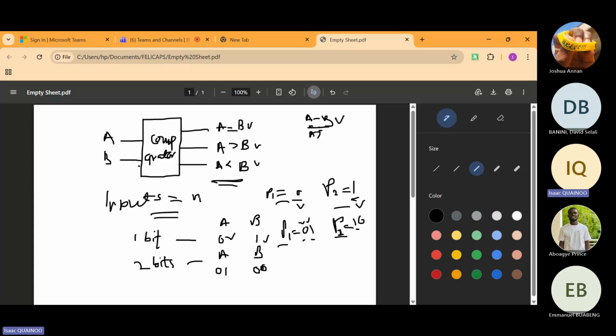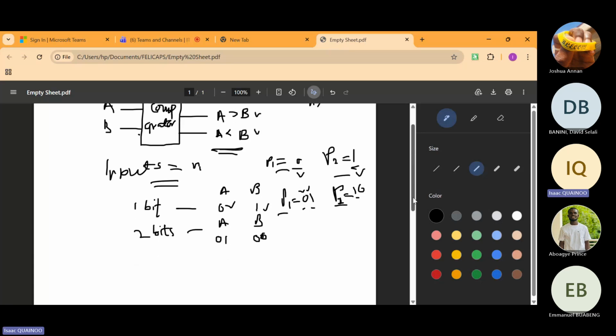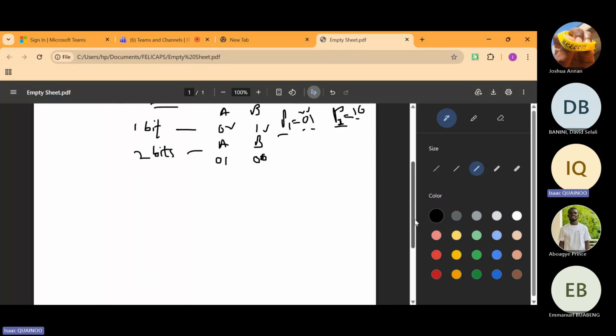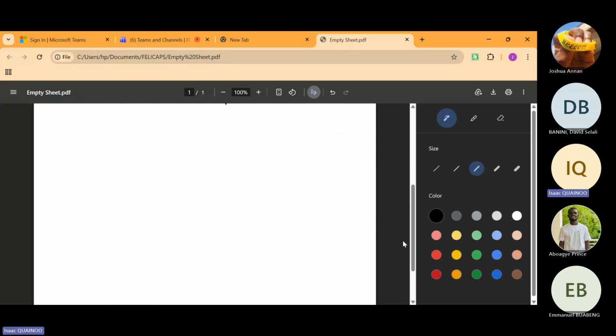All right, let's continue. We classify comparators based on the number of inputs that they come with.